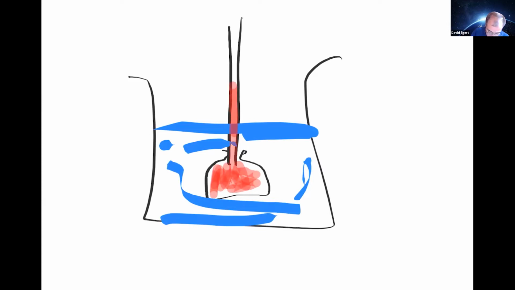I'll say, here is my osmometer, and this is distilled water here. And this is at equilibrium. This is in a stable situation here. It's not changing over time.